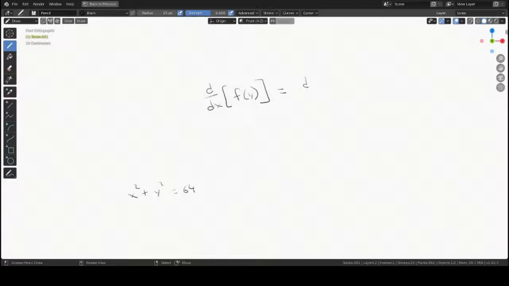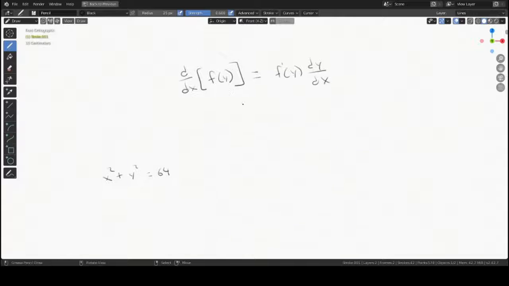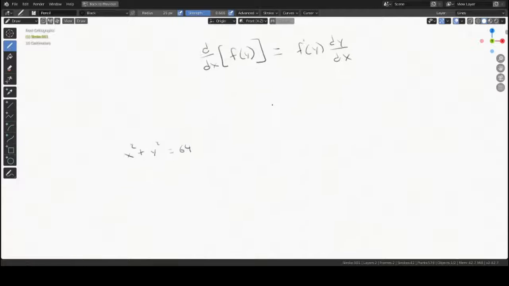So the derivative of this would be f prime of y times dy over dx, or y prime, whichever you'd prefer the notation, but we were using this notation before, so I'll just stick with that. This is by chain rule, and we'll use chain rule and product rule to find this derivative.